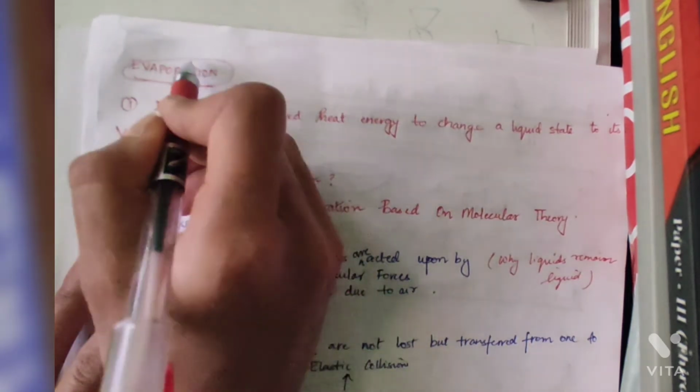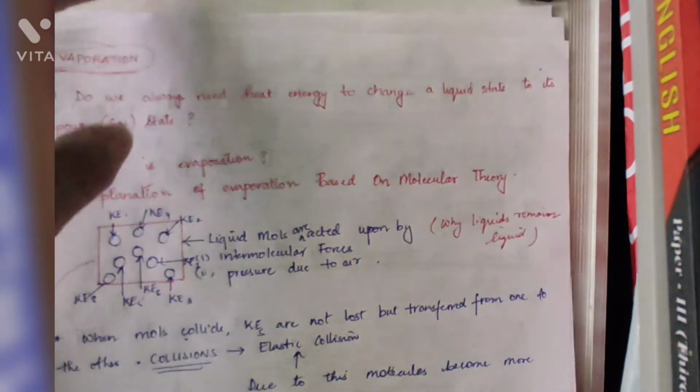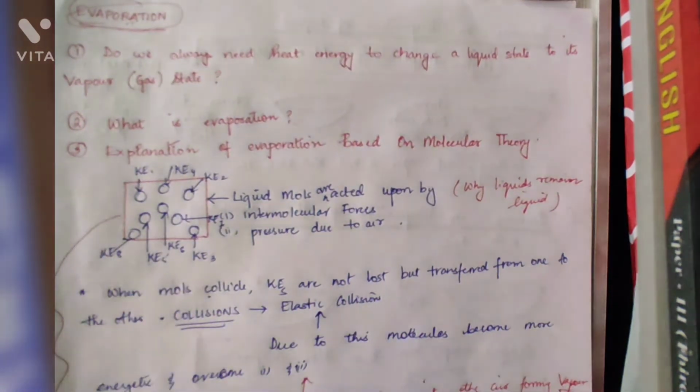Okay, evaporation. All right. So here, before discussing the definition of evaporation, we will first see something. We saw in the last class that a liquid state changes into vapor state via heating, right?